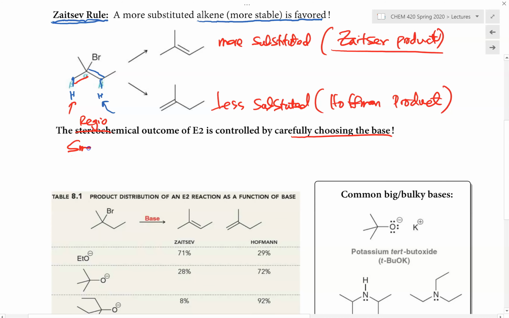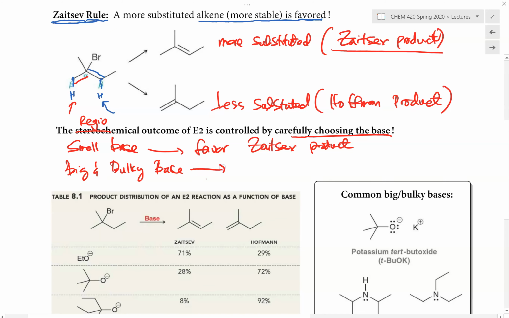If we were to use a small base, it has been found to favor the Zaitsev product. Whereas if we were to use a big and bulky base, that will then favor the Hofmann product.